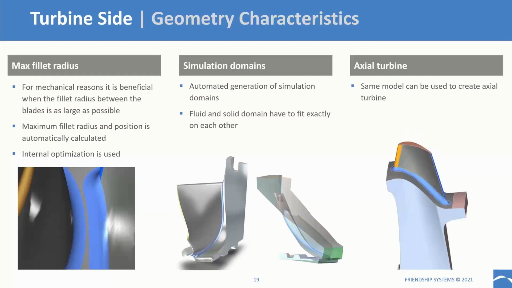And as we've heard, we also were looking into combinations of axial and radial turbines, and maybe as a side note, this model or the parametrization was constructed so that within the same parametrization, we can also generate the axial variant of the turbine, so to say.